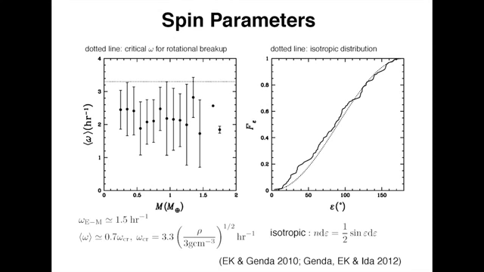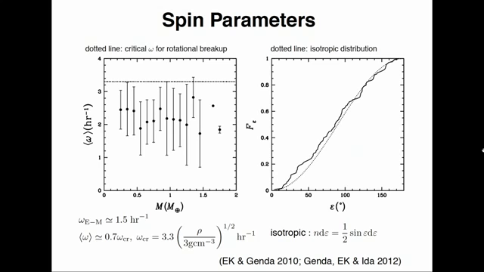Let's now look at the spin parameters. In my N-body simulations, I follow the spin evolution of planets. This figure shows the spin angular velocity against the mass of the planets. This dotted line is the critical spin angular velocity for rotational instability.